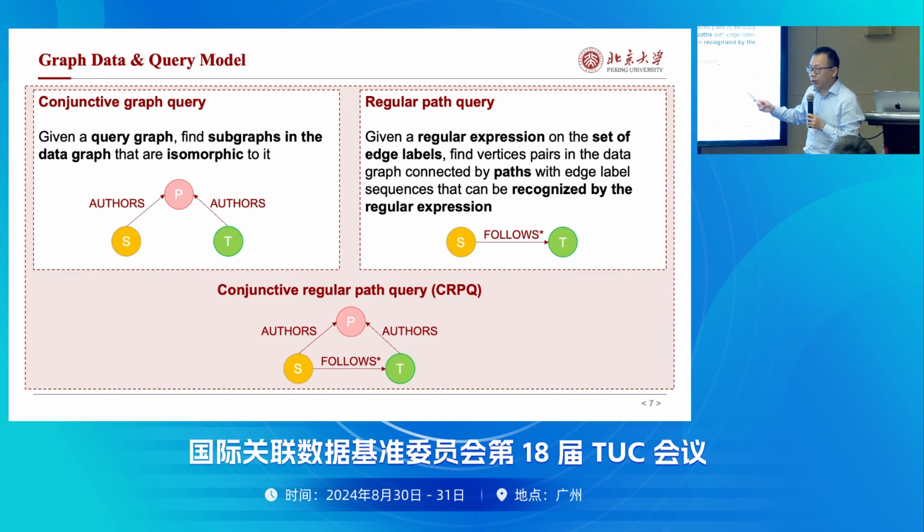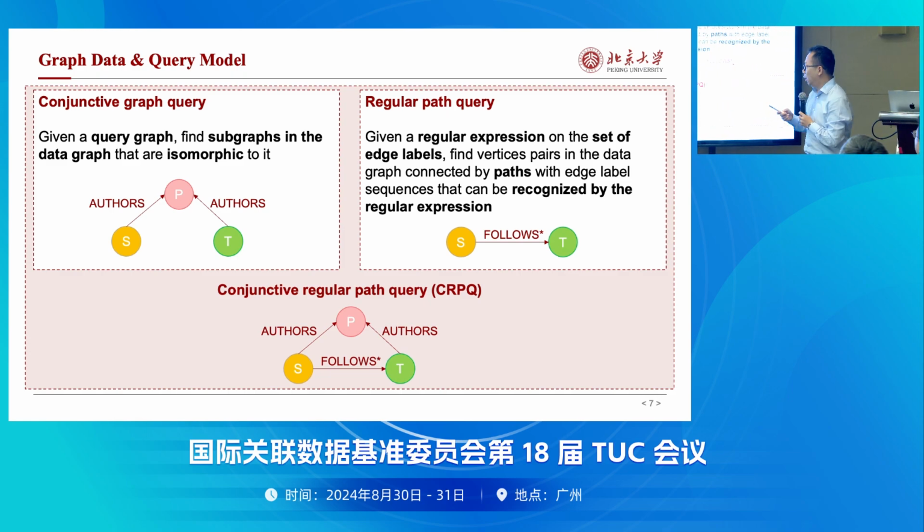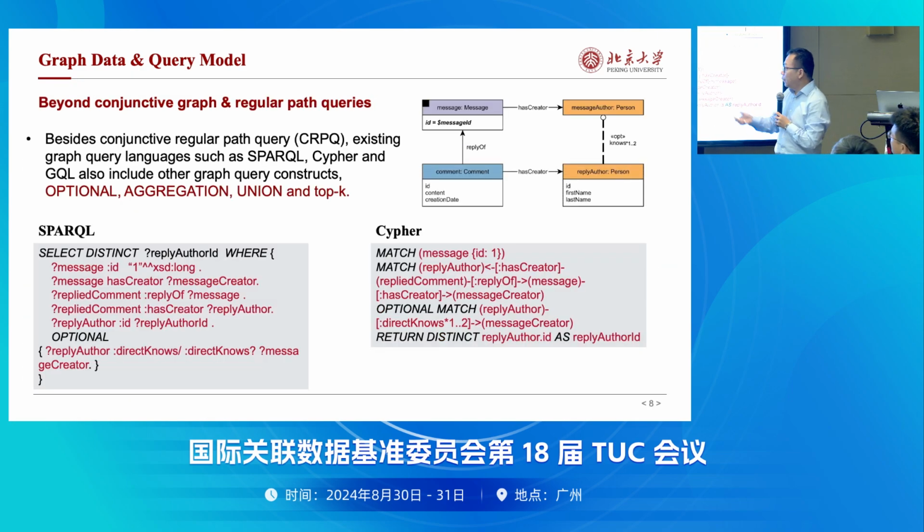If we combine them together, we call it conjunctive regular path query, which means we replace one edge by a regular path. CRPQ is short for conjunctive regular path query. Beyond CRPQ, we also have other graph constructors such as optional, union, aggregation, top-K, and many others.